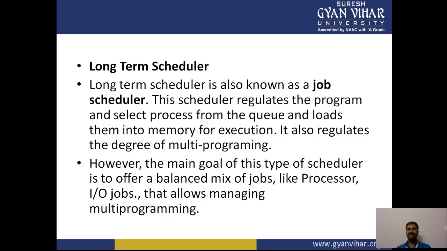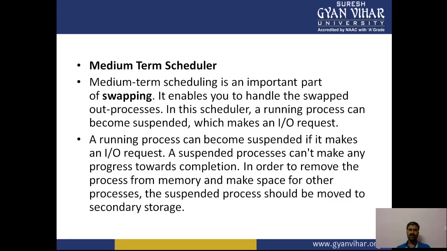It regulates the program and selects processes from the queue, loading them into memory for execution. It also regulates the degree of multi-programming. The main goal of this type of scheduler is to offer a balanced mix of jobs, like processor and IO jobs, which allows managing multi-programming.